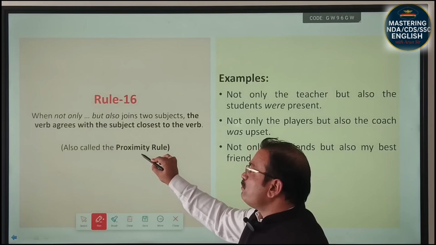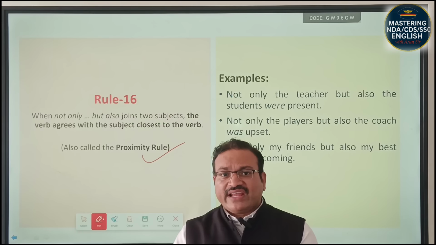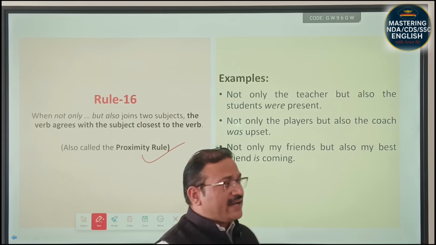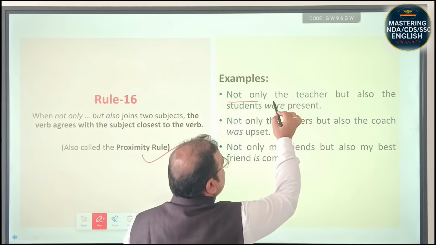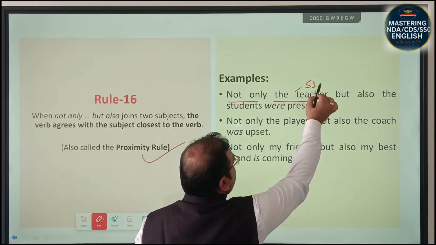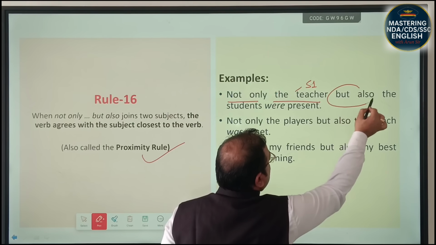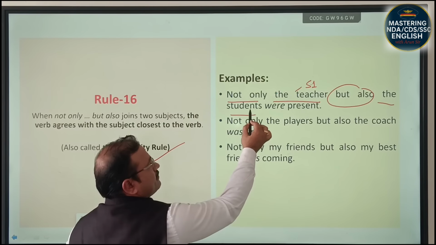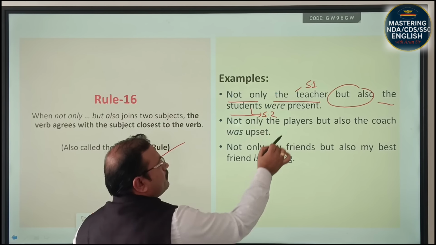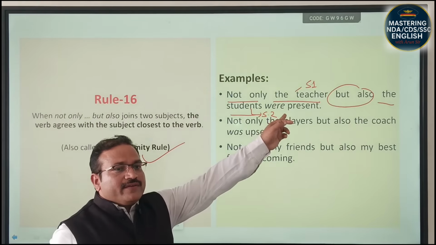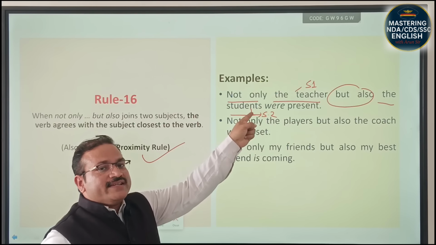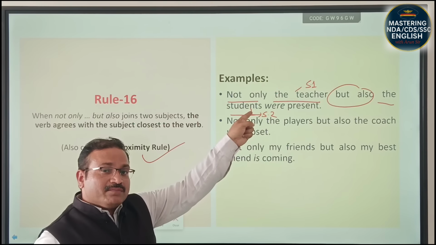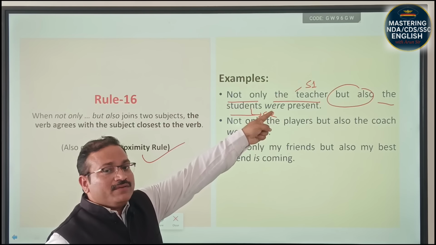This is called the proximity rule. Proximity means nearest. Let us understand this. Not only the teacher, subject 1, but also the students, subject 2. Why were? Because the nearest subject is the students. Students is plural, so we'll take the plural verb were.